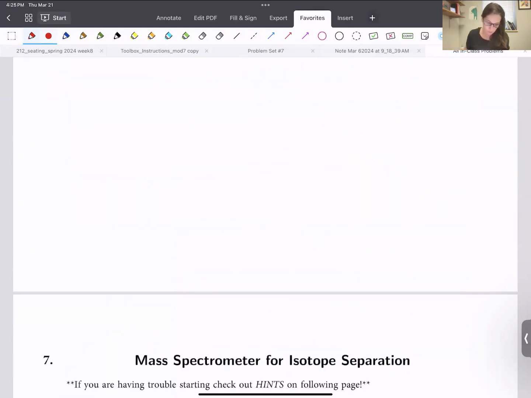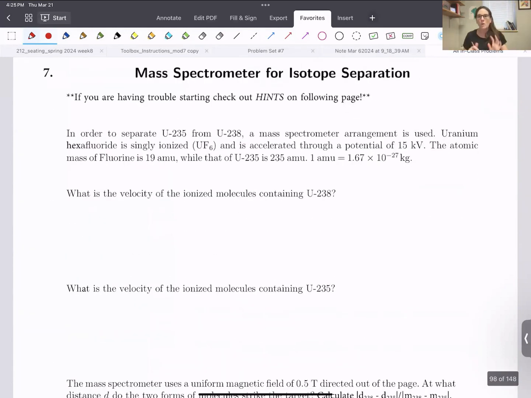So I'm actually going to do the more challenging one in this video, where we look at a mass spectrometer, which is a direct example of the circular motion of charged particles in a magnetic field, and their radius is going to depend on their properties. So by figuring out where they hit along, say, a screen, where they hit along that screen tells me about their properties. And so that's the fundamental idea of a mass spectrometer.